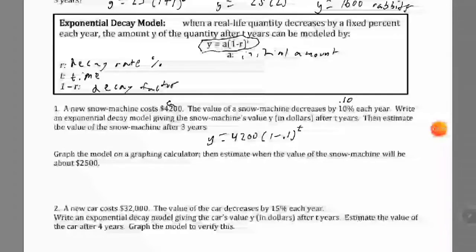Then estimate the value of the snow machine after 3 years. So y equals 4,200 times 0.9 to the third power, and we'll get $3,061.80. This is just plugging in your calculator.